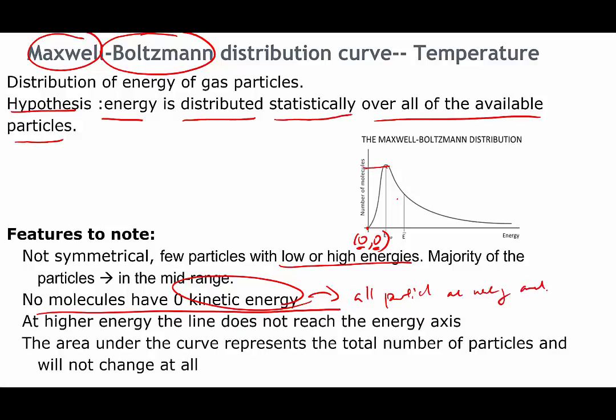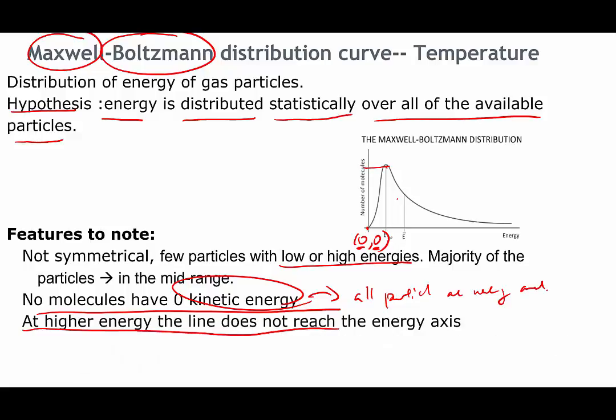Okay, the next one is, at a higher energy, the line does not really reach the energy axis. So the energy axis, which is the x-axis, at a higher energy point, you don't really draw the line meeting it, which would be incorrect. We always draw it a little bit above the energy axis.